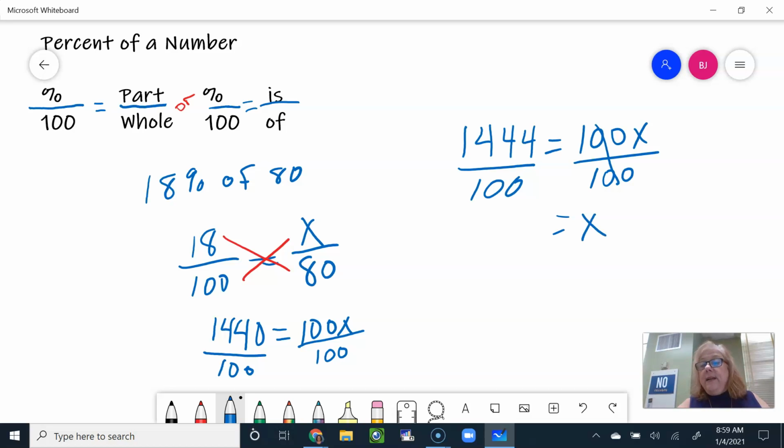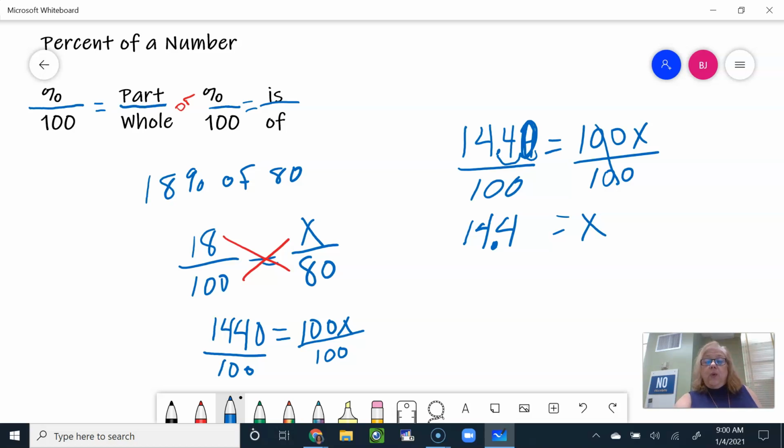Whenever you're dividing by a power of ten, however many zeros you have, you move the decimal place over that many places to the left. We have 2 zeros here, so that means we're going to move our decimal place over twice to the left, and that's going to give us 14, I'm sorry, that should be a 0 there. 14.4.